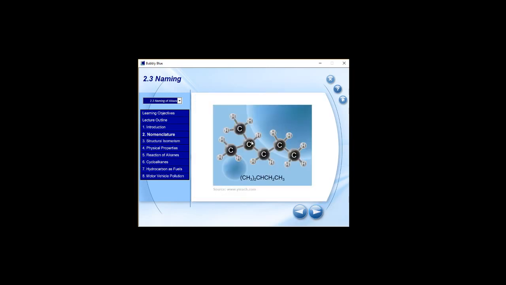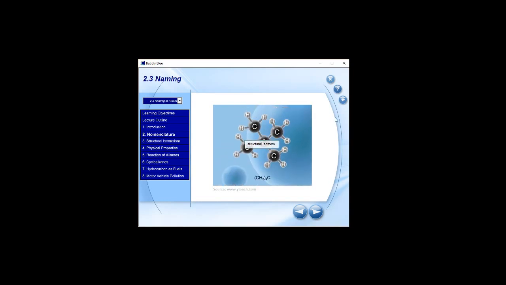Alkanes with 4 or more carbon atoms can form branched structures and structural isomers. Naming them is more complicated. To name structural isomers, we apply 4 rules in the following order. First rule: identify and name the longest straight carbon chain. Second rule: add the names of any substituents as a prefix in alphabetical order.